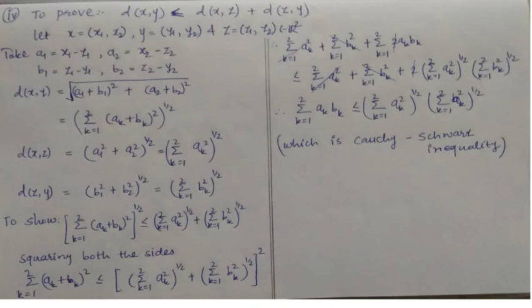So put the value of dzy, that is summation over k equal to 1 to 2 of bk square, whole to the power 1 half. If I square both the sides, on the left hand side the 1 half and square cancel, and we get summation over k equal to 1 to 2 of (ak plus bk) whole square, less than or equal to the whole terms square, meaning this term and square.